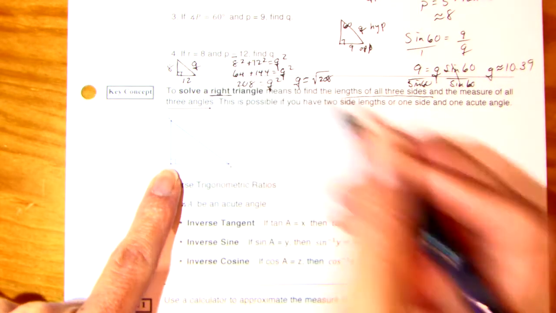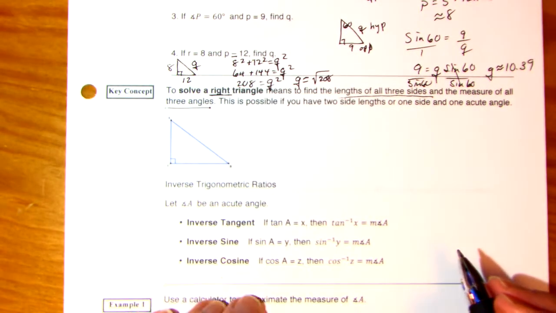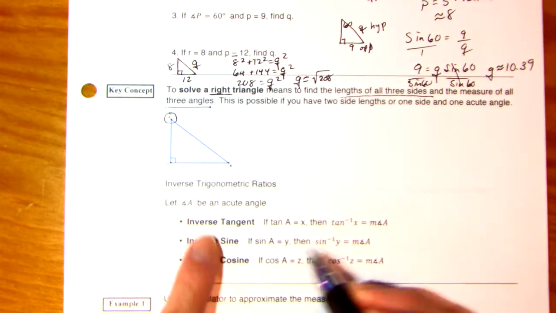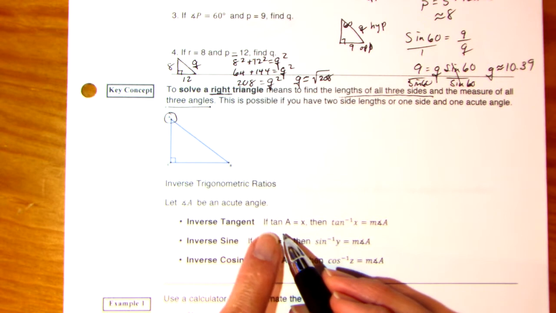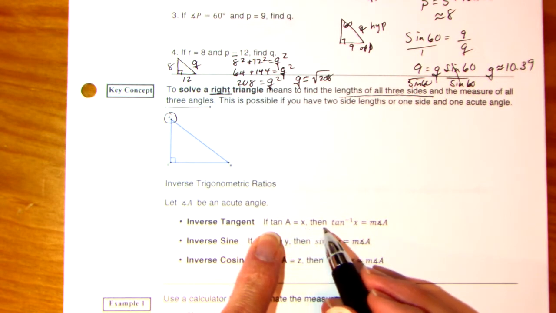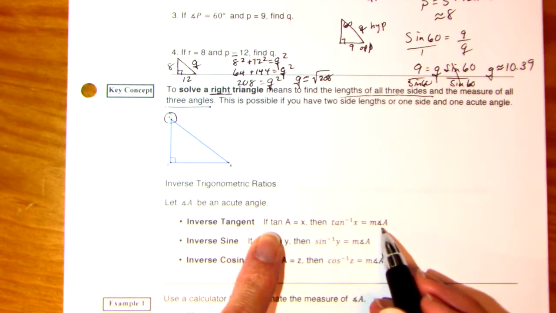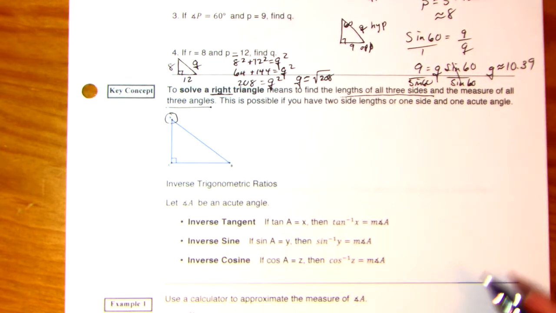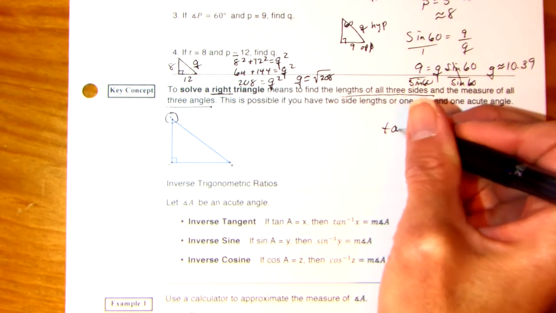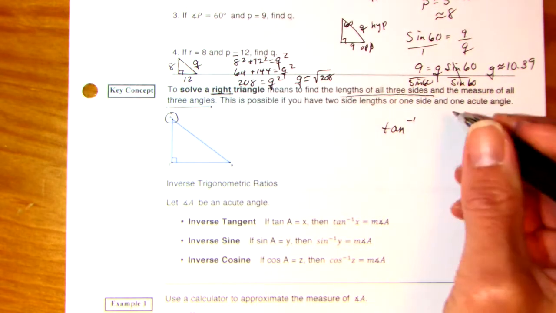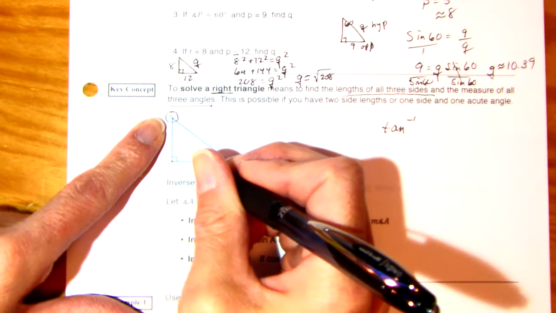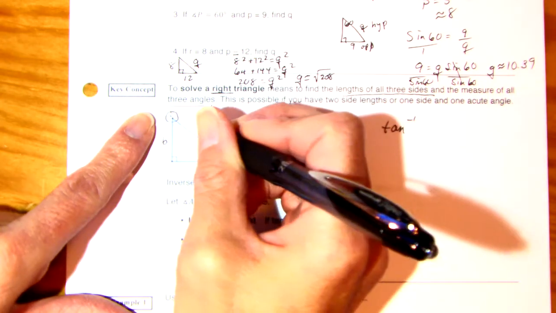So in a right triangle, inverse trigonometric ratios. Let A be an acute angle. This is angle A right here. Inverse tangent: if tangent A is equal to x, then tangent inverse of x is equal to the measure of angle A. This is little a, this is little b, this is little c.